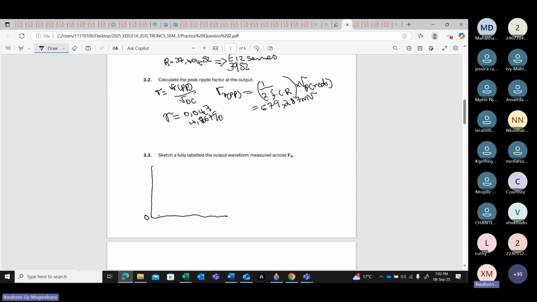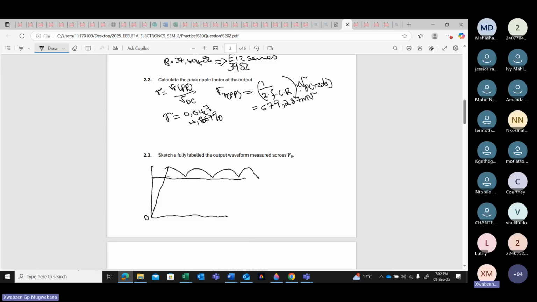Remember, your graph always starts from 0, then it reaches the maximum. It was supposed to be pulsating, but now because of the capacitor, it will filter. When it filters, then it will do this, which means at the output, that is what you are going to find. But you are going to draw a nice graph, not like mine.